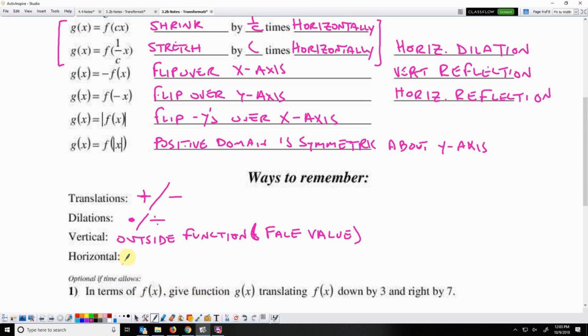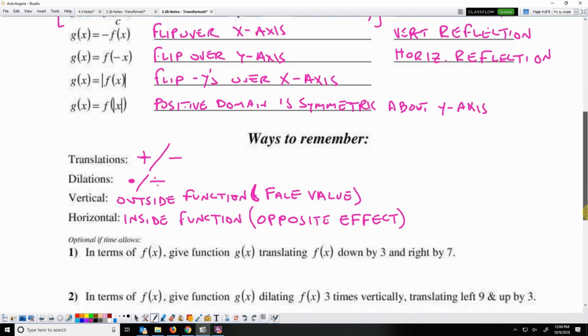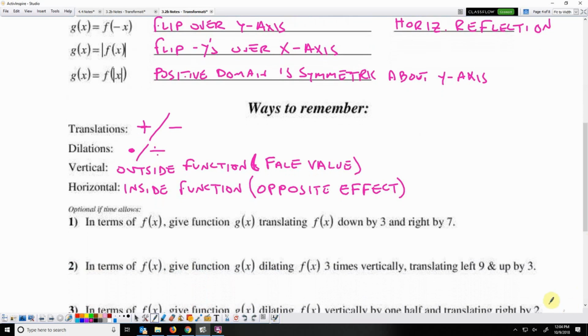When it's horizontal, it's inside the function, and the numbers have the opposite effect. So when it's inside and you're multiplying, the dilation is by the reciprocal. When it's inside and you're adding or subtracting, it moves left or right opposite the sign.